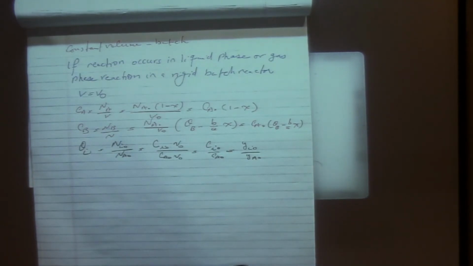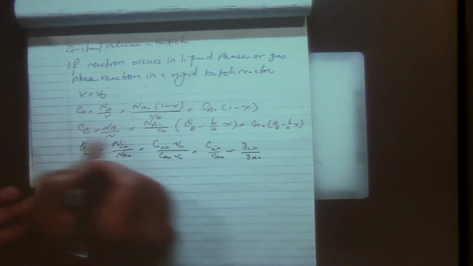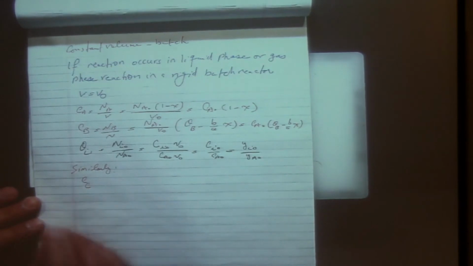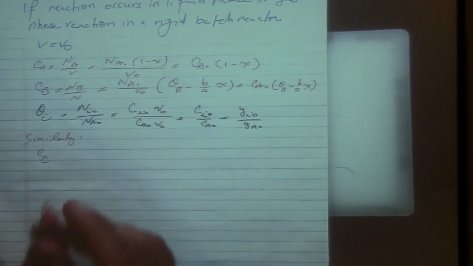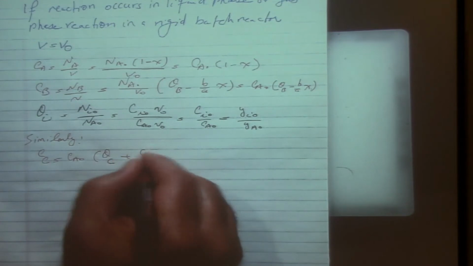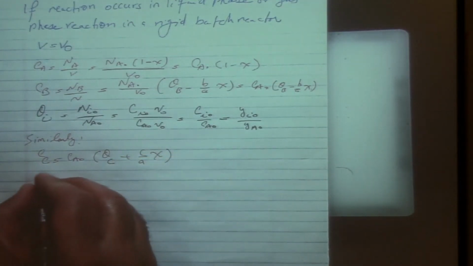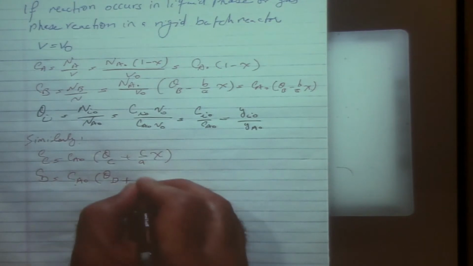Theta B is the ratio of the moles of B to A, and theta C is C to A. Basically, we convert the fraction of the B, C, D conversion to X, which is the conversion of A. Similarly, we can write the same formula for the products: CC is CA0 (theta C plus c/a X), where again X is the conversion of A, and CD is CA0 (theta D plus d/a X).